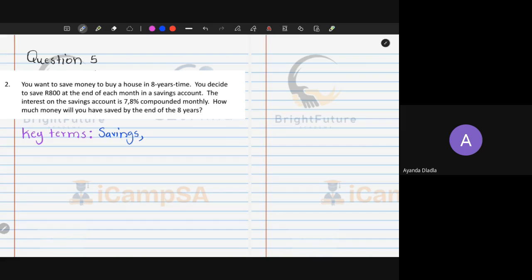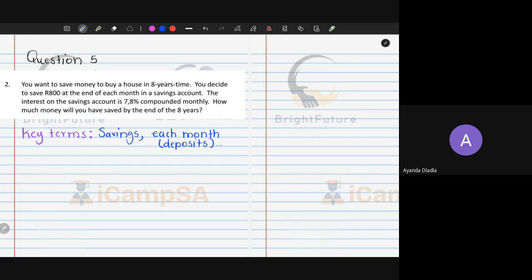We have deposits which are made each month. So if you look carefully, you decide to save 800 rands at the end of each month. So each month is a key term because that is when we make our deposits. So we have consistent deposits, and we have savings.